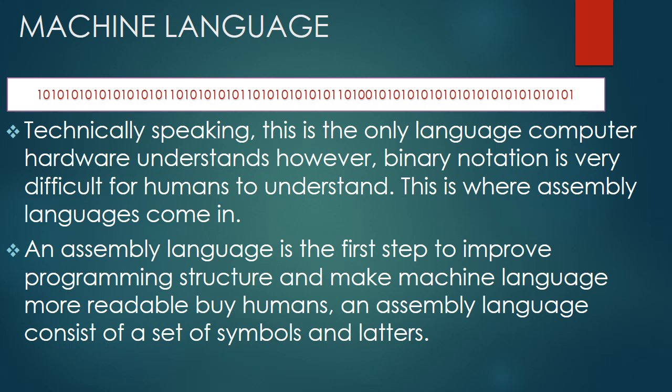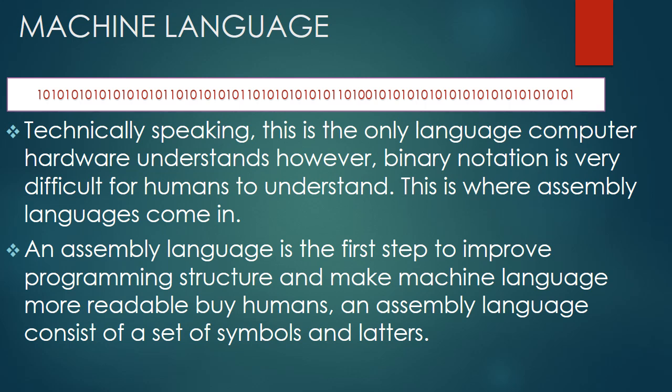As we said, low-level languages refer to machine code and assembly language. The assembly language is the improvement in programming language in terms of low-level language, and it is an improved programming structure that makes machine language more readable by humans.